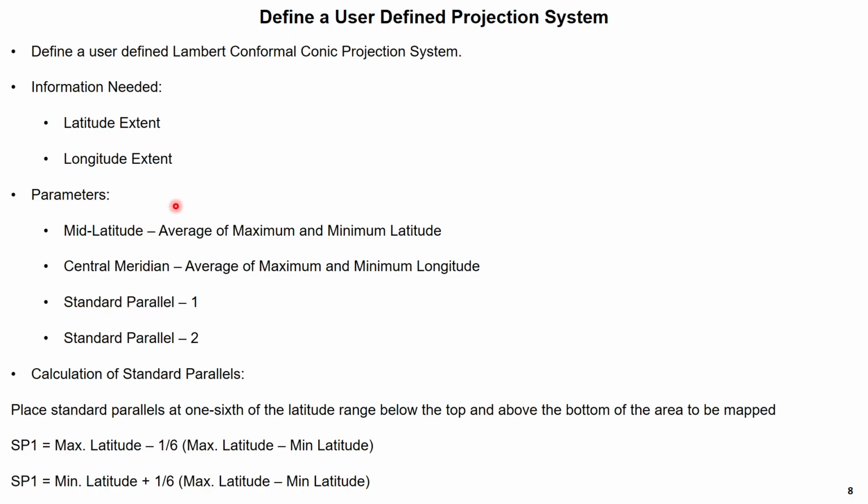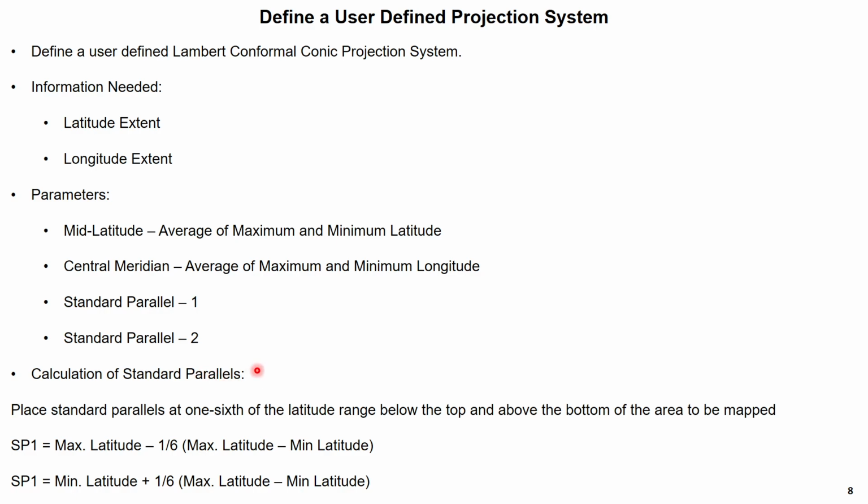First is mid latitude, second is your central meridian, third is standard parallel 1, and fourth is your standard parallel 2. Mid latitude is just your average of maximum and minimum latitude. Then central meridian is the average of maximum and minimum longitude. So this is straightforward. Next thing is to calculate the standard parallels.